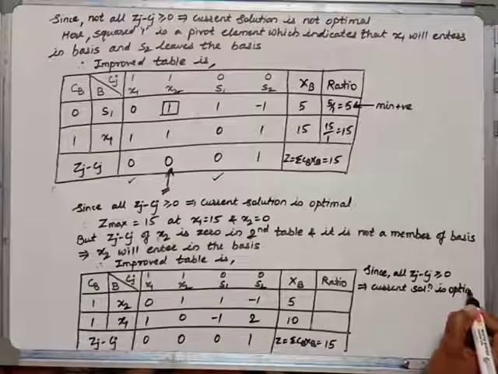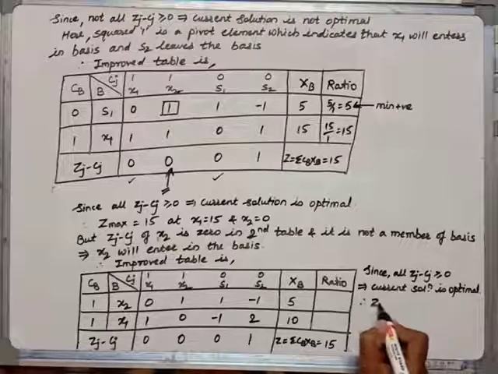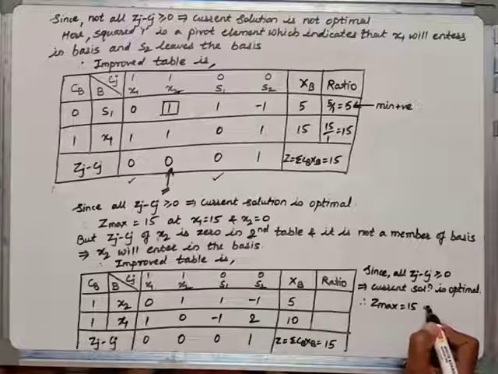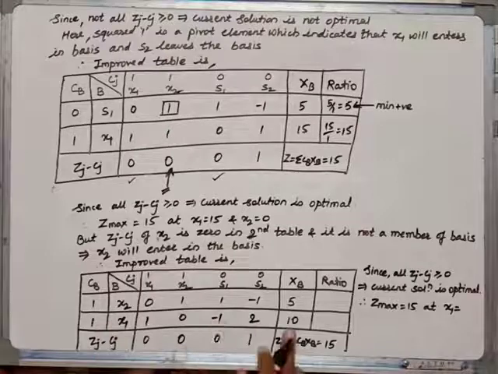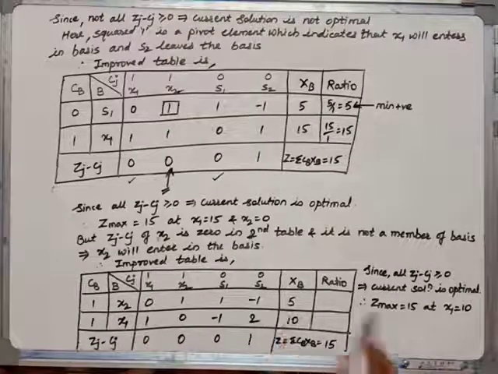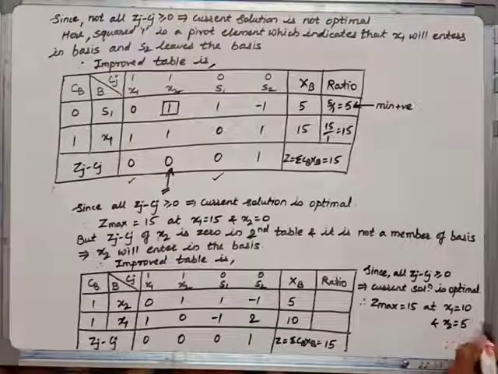Current solution is optimal. And what is that solution? Z max equal to 15 at, what is x1 here? X1 is equal to 10 and x2 is equal to 5.